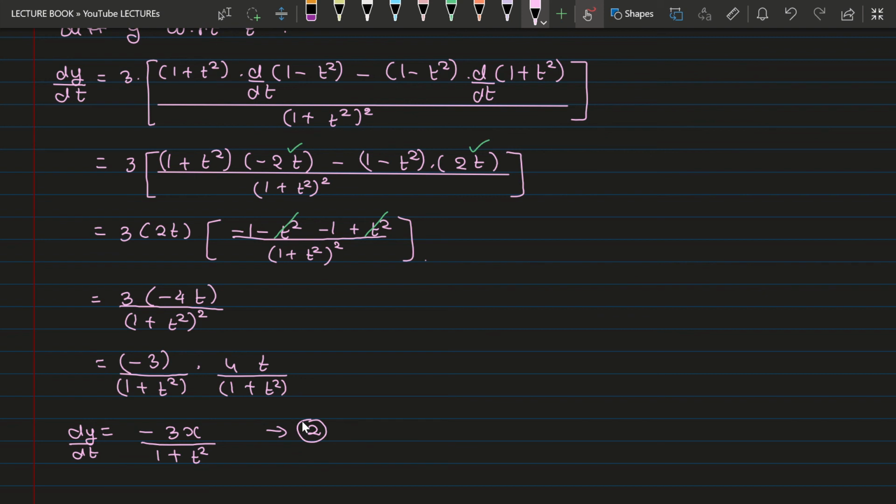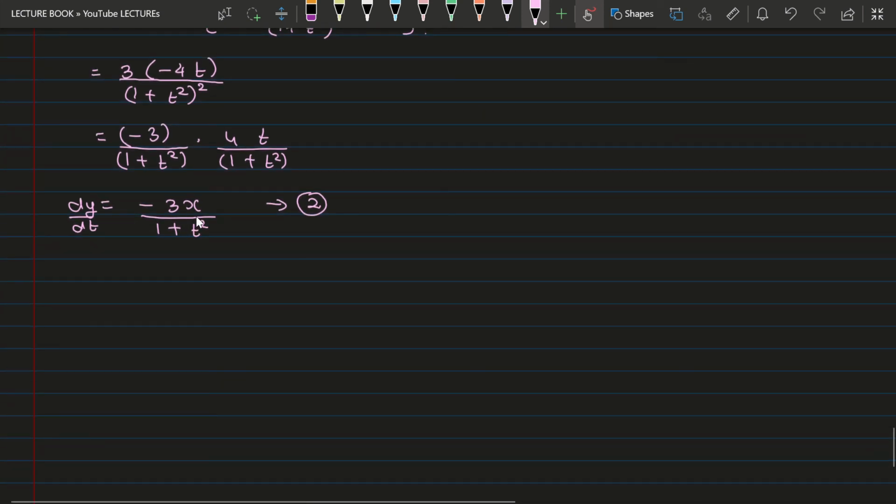Now the last part, guys, because we are interested in dy by dx, what we have to do is equation 2 divided by equation 1. Divide equation 2 by equation 1.